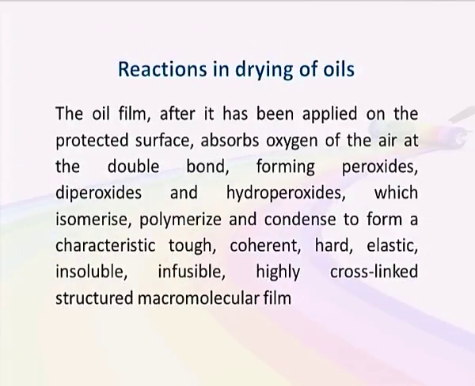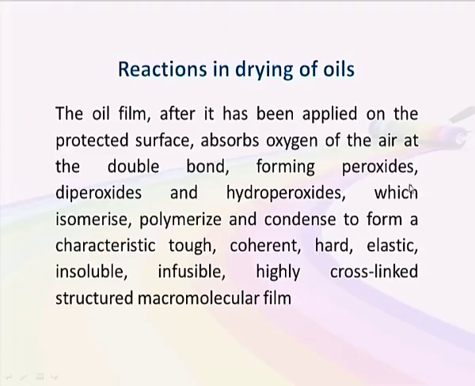Reactions in drying of oils. The oil film, after it has been applied on the protected surface, absorbs oxygen of the air at the double bond. As we already learnt, these oils are unsaturated ones. Unsaturated means they possess double bonds. Thus, they form peroxides across the double bond.